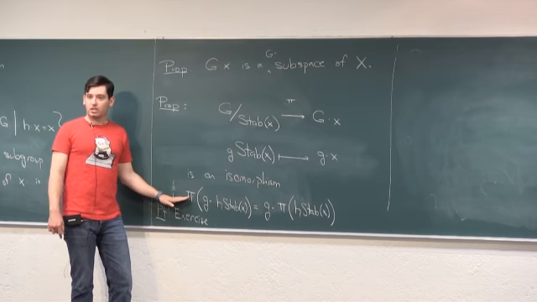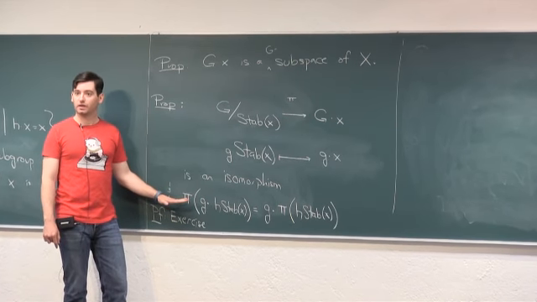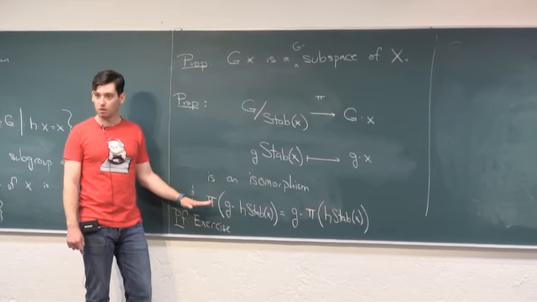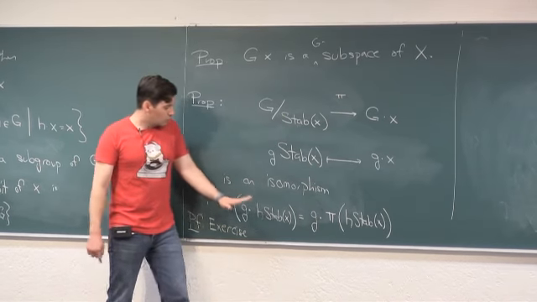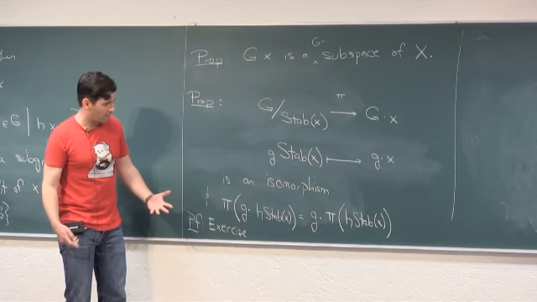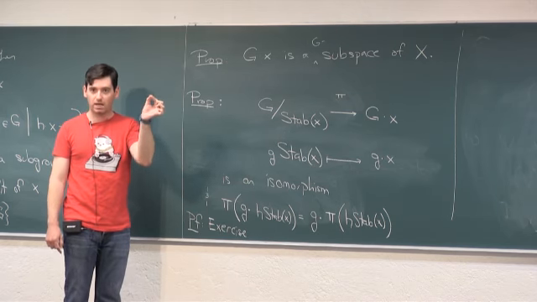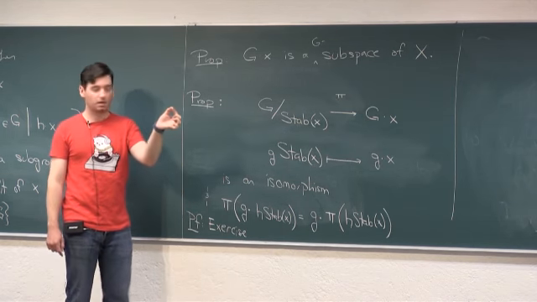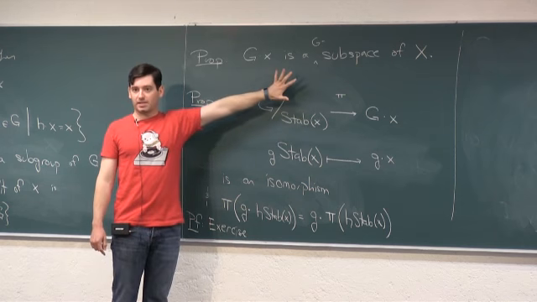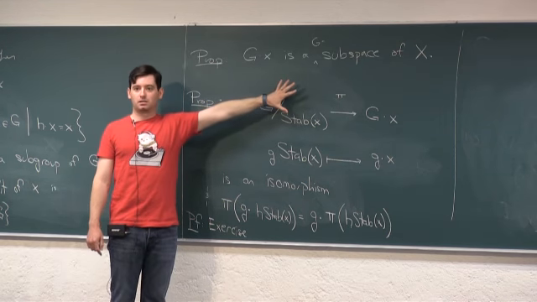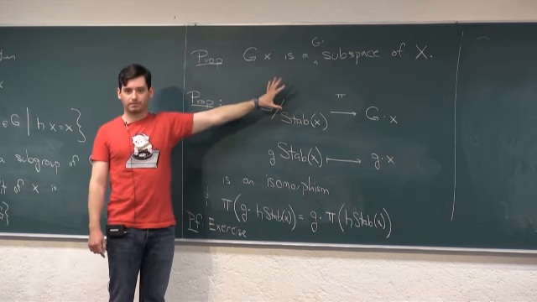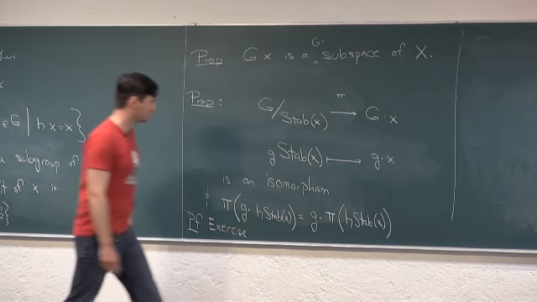That actually is the engine that makes a lot of the computations we're going to do work. I've reduced the problem of understanding a general map to understanding the map at a single point, the identity coset, and then equivariance gives me everywhere else. So it's almost like magic.